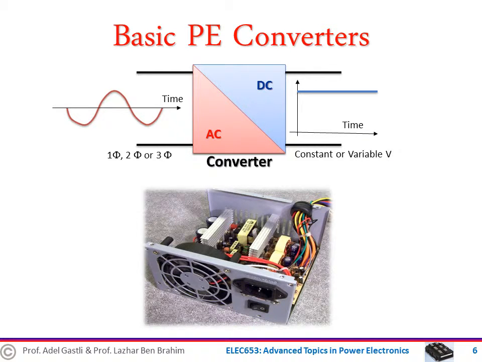A good example is the computer power supply. It supplies the computer with stabilized different DC voltage levels from the AC mains. So it uses AC to DC converters. It may also use DC to DC converters to generate different DC levels.